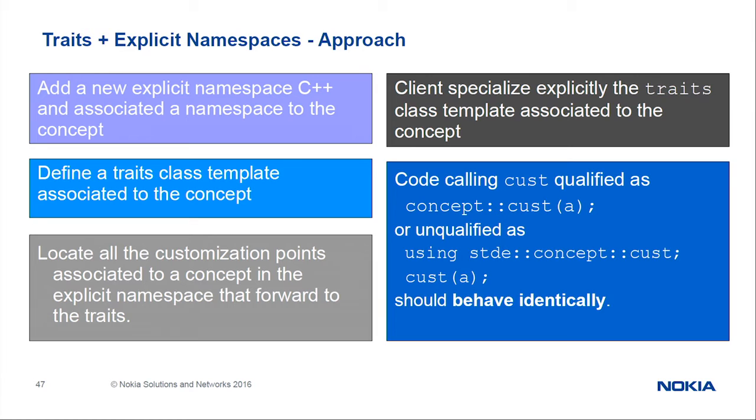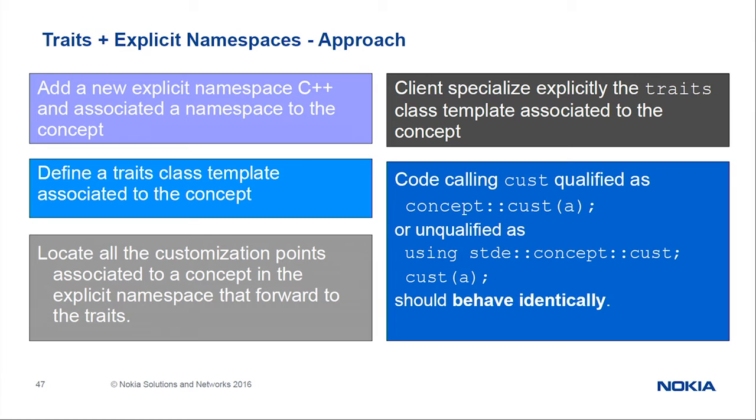I will define a class template associated to this concept. The function on this explicit namespace will forward to the trait. We will see, the user will be able to specialize this trait.